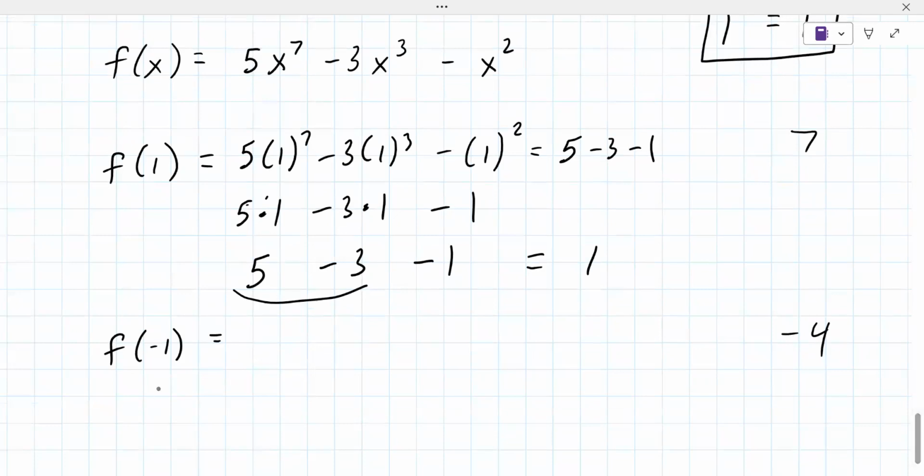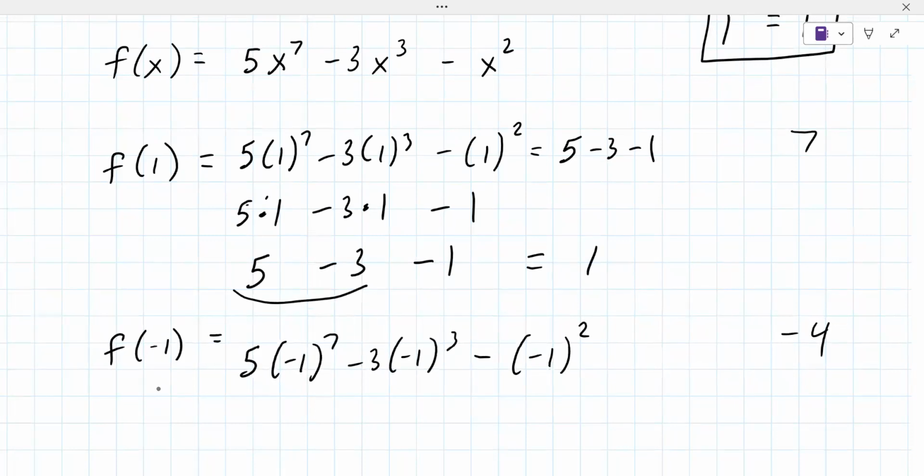Now for -1, it's the same setup. It's -1 to the power of 7 minus 3 times -1 to the power of 3 minus -1 squared.